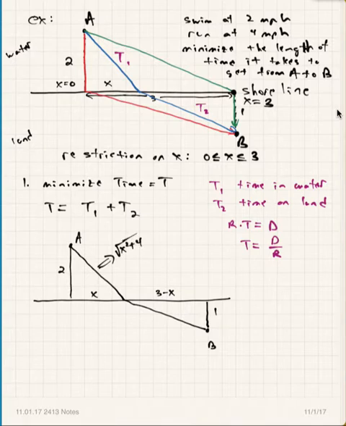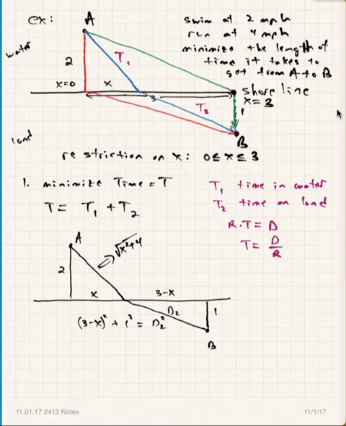And for this side right here, let me write it out. Let's say this distance is distance 2. So (3 minus x) squared plus 1 squared would have to be equal to distance 2 squared.